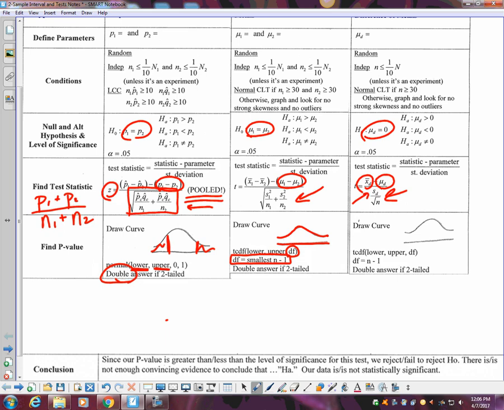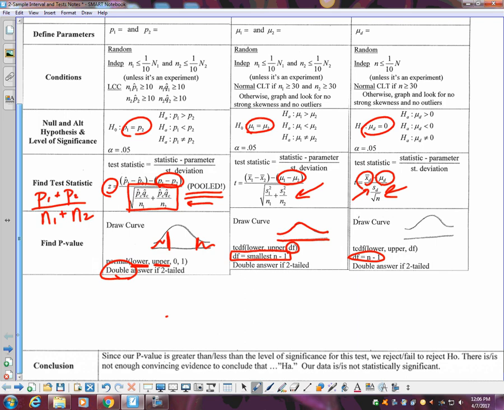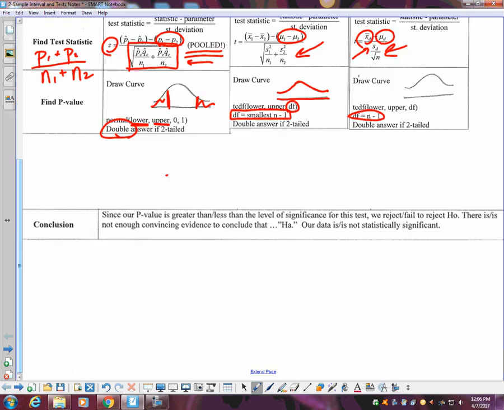Always pick the smallest one and subtract 1 from it. And then don't forget to double it if you're two-tailed. And then for matched pairs, your degrees of freedom is just n minus 1 because you only have one sample.